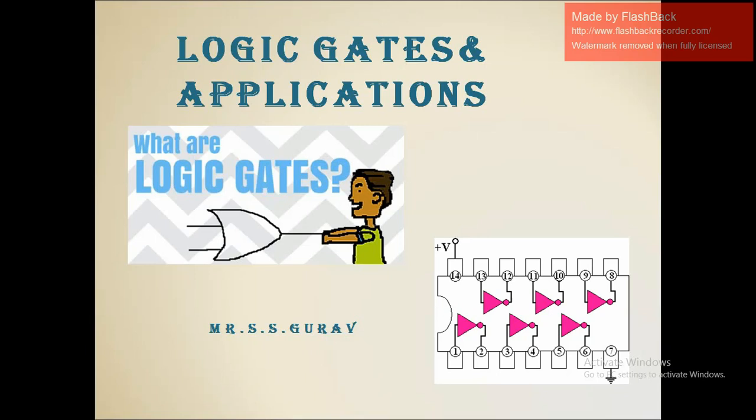There are just three basic types of gates: AND, OR, and NOT. The fact that computers are able to perform very complex logic operations comes from the way these elementary gates are interconnected.